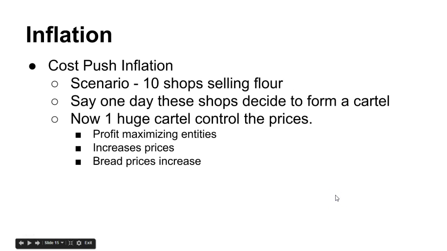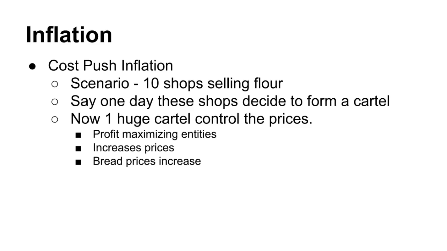Second textbook example is cost push inflation. So again, in the same country, assuming there's only one flour manufacturer, or maybe there are 3 flour manufacturers. What these 3 flour manufacturers one day decided is to form a cartel, which is one big entity, and this one big entity decided to increase prices of goods by 10%.